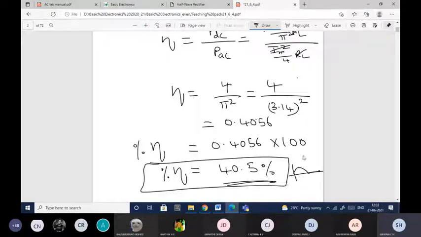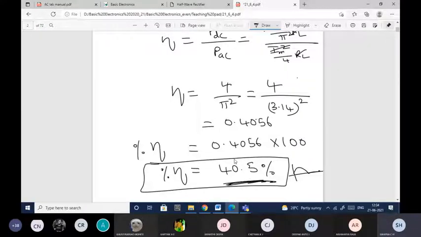Okay, so this is the disadvantage of your half wave rectifier. Okay, so what happens in the full wave rectifier we'll see later. Okay, so in the exam they may ask you to derive the equation for efficiency for half wave rectifier and show that it is equal to 40.5%.